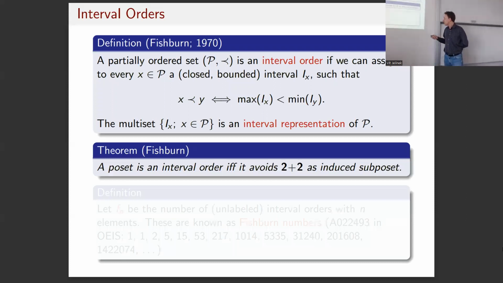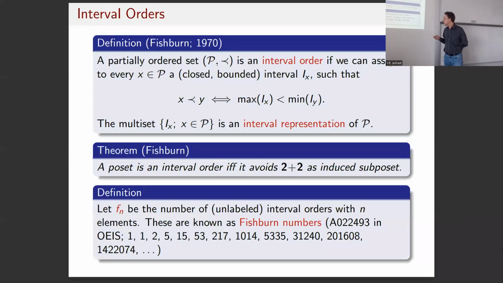And that brings me to Fishburn numbers. Fishburn numbers are a sequence of numbers which count these interval orders. So f of n is the number of unlabeled interval orders with n elements. Unlabeled means that I'm really counting isomorphism types. And I'm starting with the index 0.